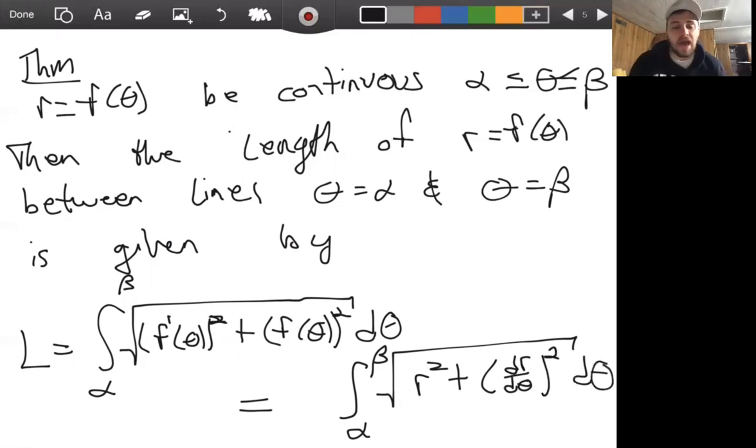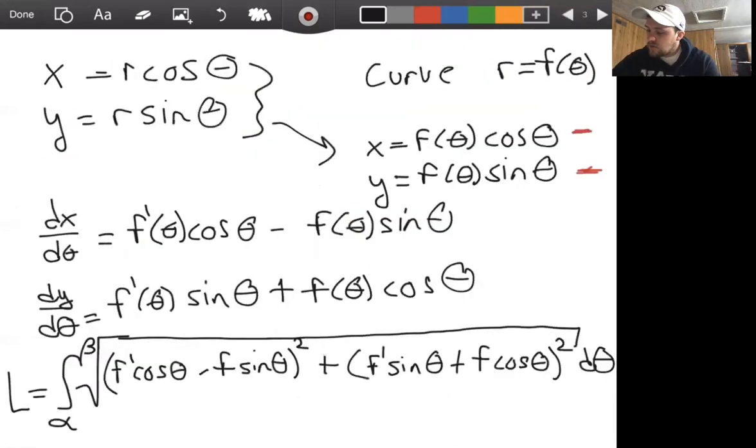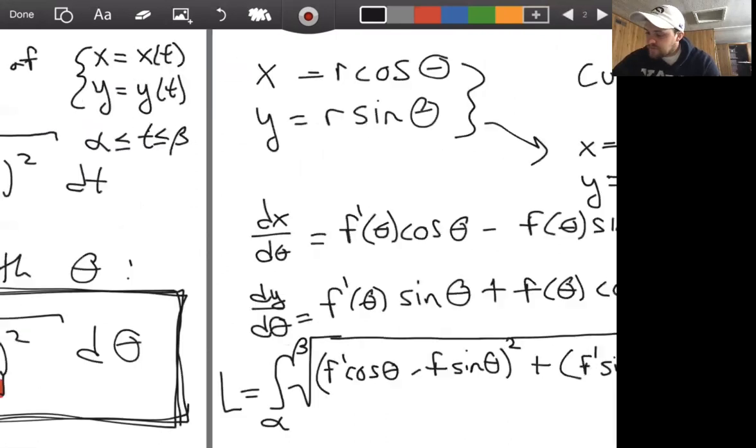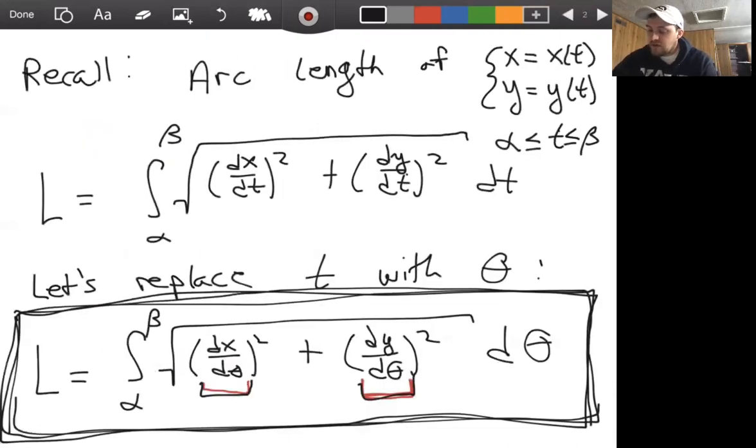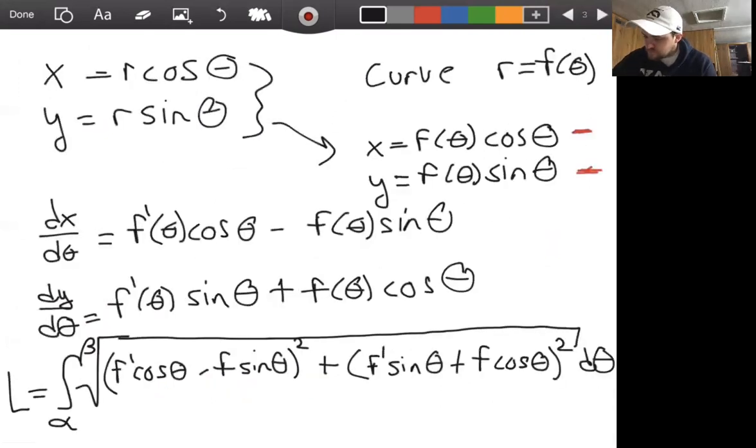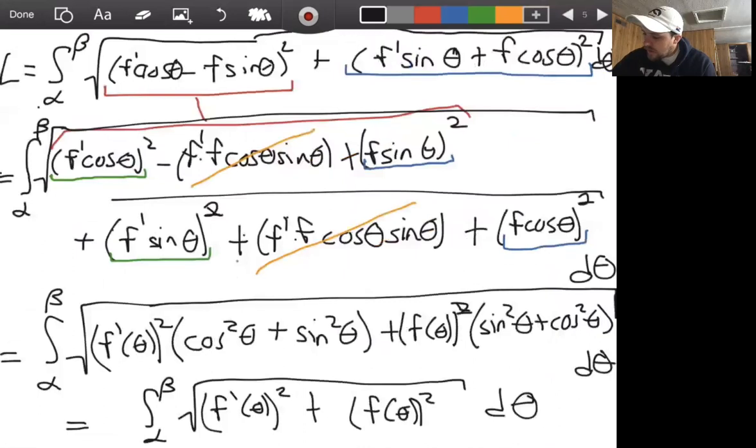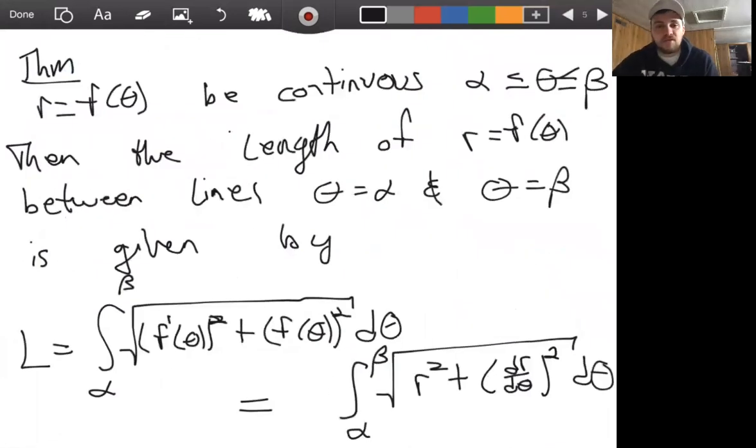So now we have a relatively nice and concise formula for arc length in polar coordinates. And it was completely derived, if you remember, from the arc length formula of a parametric curve. Now we may use this formula to our advantage when trying to calculate arc length.